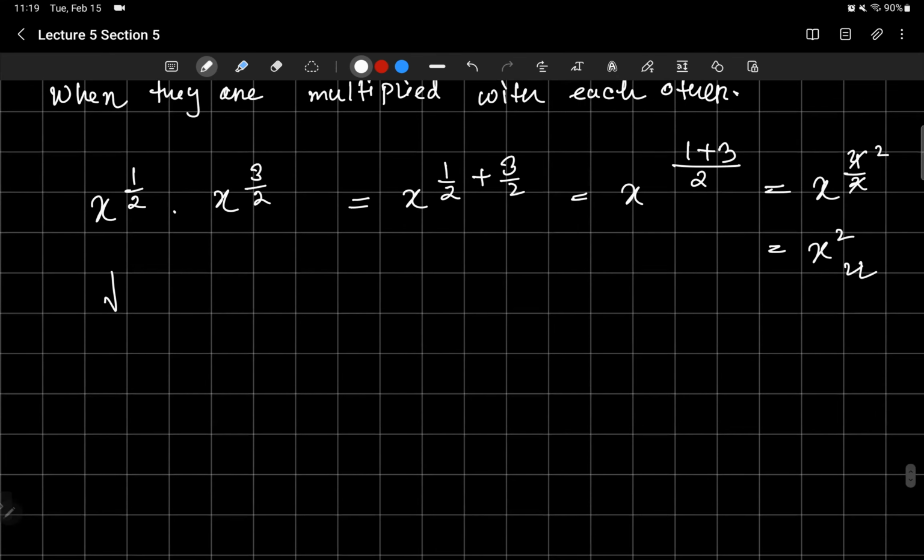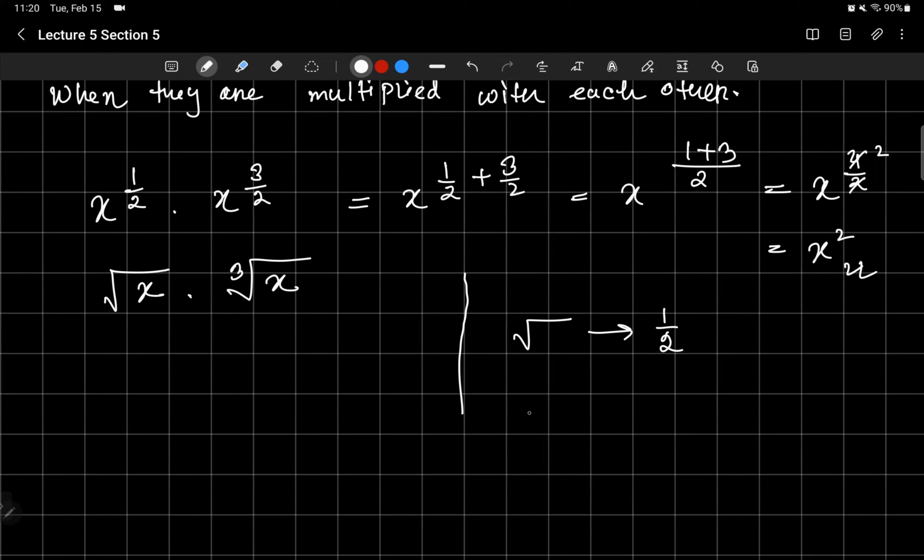What about this? Square root of x times cube root of x. For those of you who don't know, I think everyone knows, but I'm just stating the fact that the square root symbol by default corresponds to the power half.